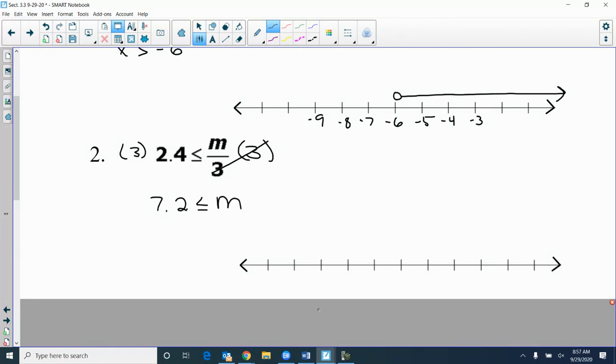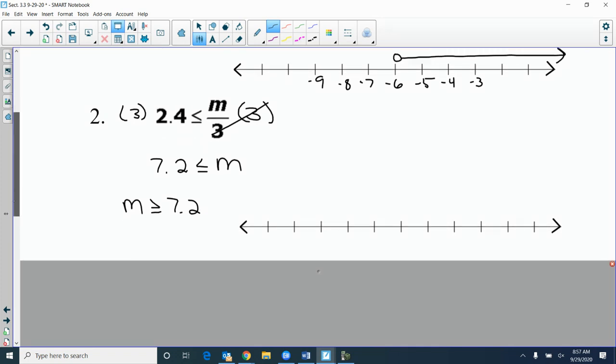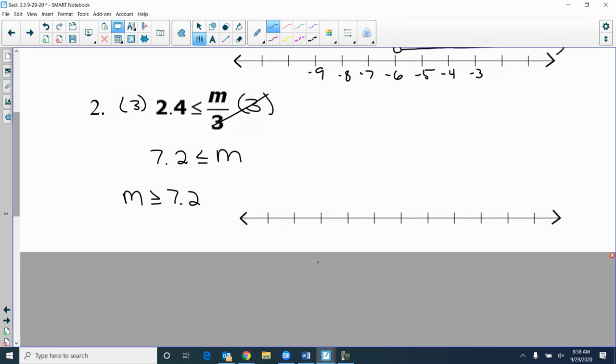Okay, so I get 3 times 2.4 is 7.2 is less than or equal to m. Then don't stop right there, Sam. How do I need to rewrite that? M is greater than or equal to 7.2. All right, watch how you say that. M is greater than or equal to 7.2. And is that what you wanted right there? Okay, so that is correct. M is greater than or equal to 7.2.